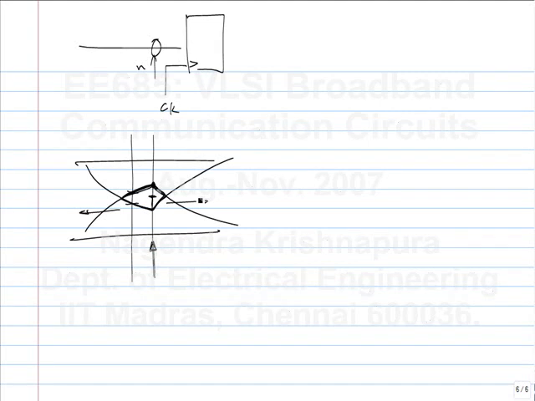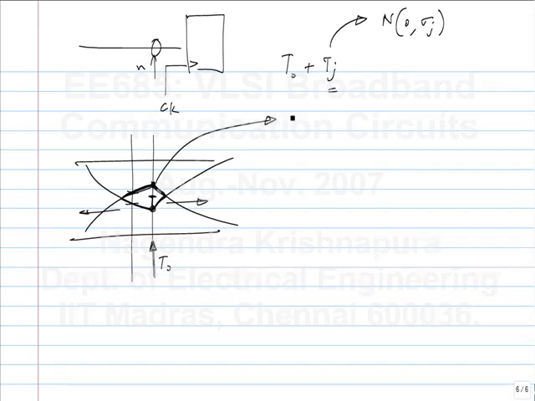Okay. So basically the sampling instant, let me call this T0. The sampling instant is T0 plus Tj, where Tj is the jitter, and this is given by a normal distribution with a standard deviation of sigma j, and the vertical part is whatever this eye opening is. I'll call this Vi plus n, and this is some normal distribution with a standard deviation of sigma Vn.